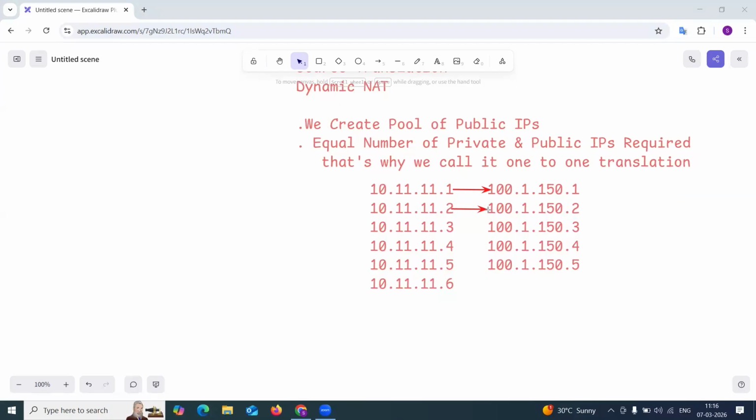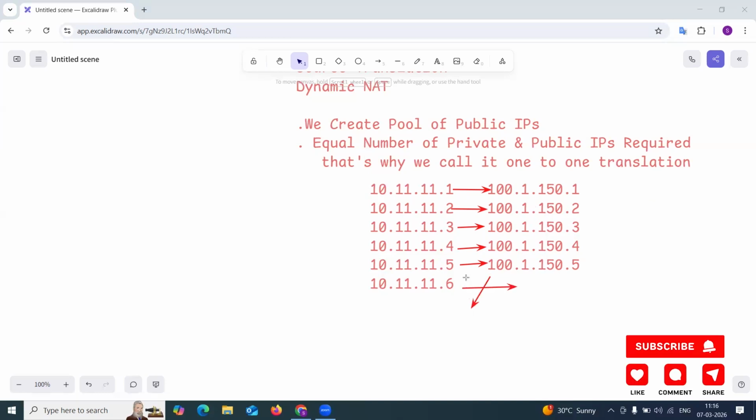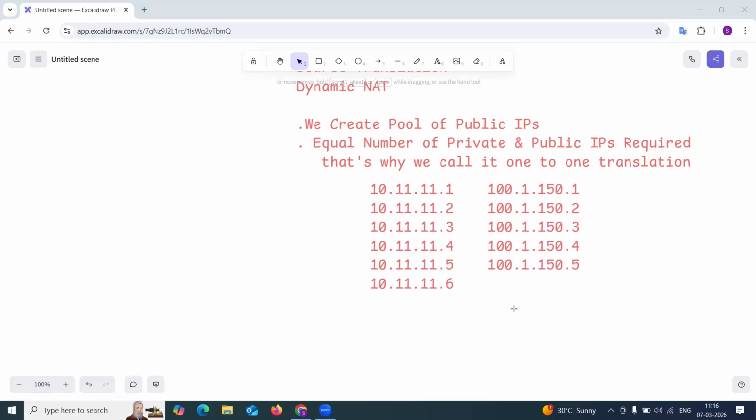Dot 2 initiated, got translated to this IP. Dot 3 initiated, so respectively they got translated to 5 IPs. Now I don't have an IP in the pool, so this sixth guy will not be able to go. Reason: pool has exhausted. So I can't go. I have to wait until anyone leaves the public IP.